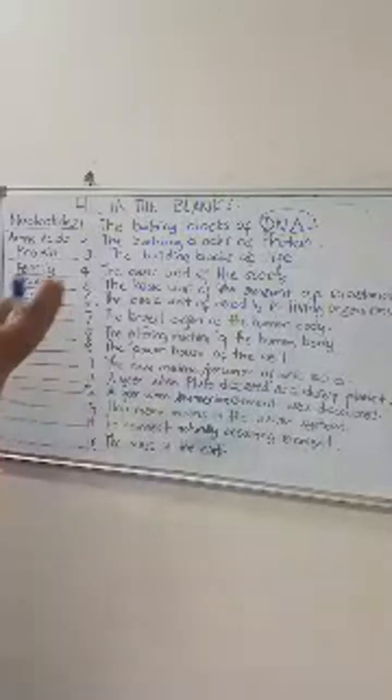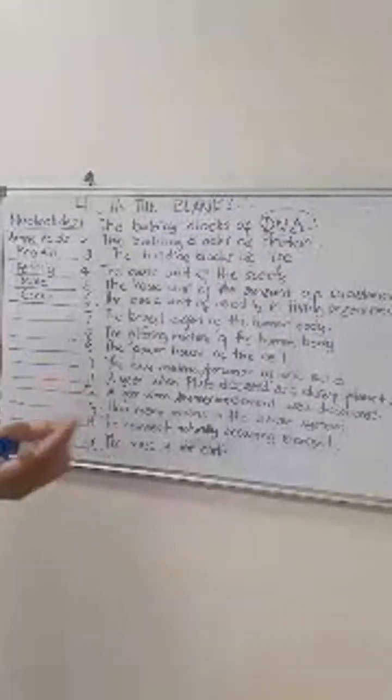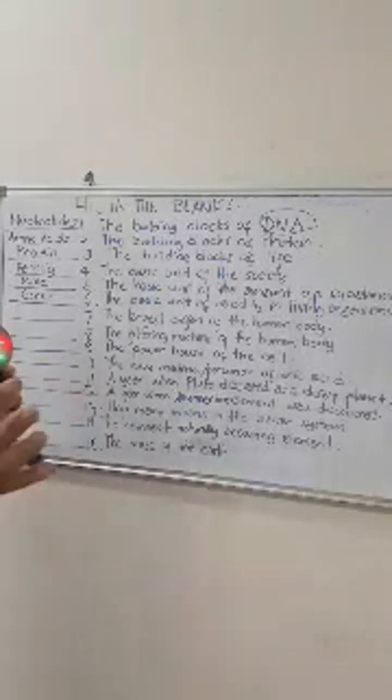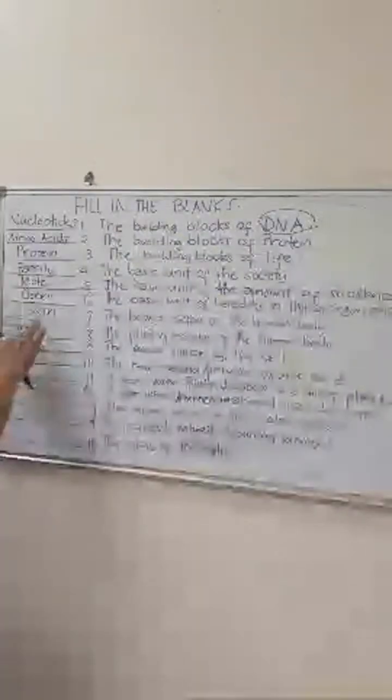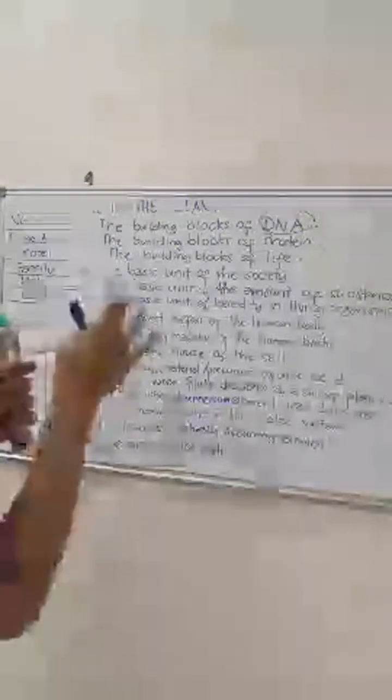Okay, genetic factor, which can cause disease, usually chronic diseases. Okay, number seven, the largest organ of the human body, sometimes we'll say it's the liver, others will say something else. Okay, sorry, the filtering machine of the human body is not the immune system, it's the liver.